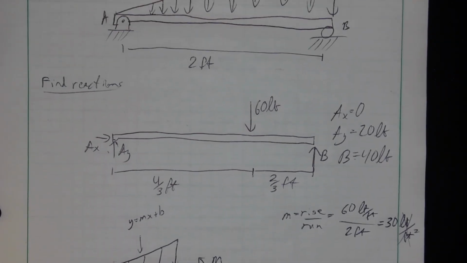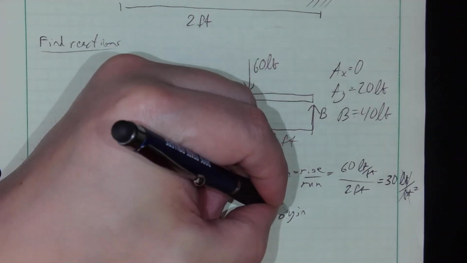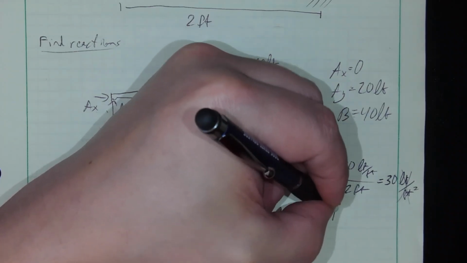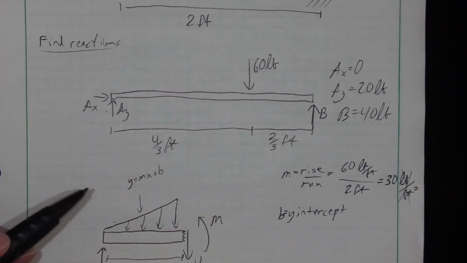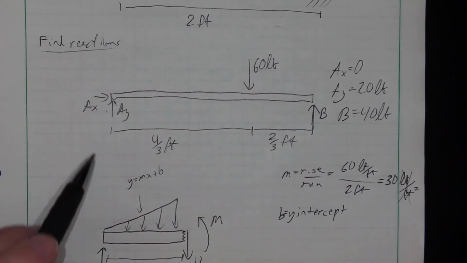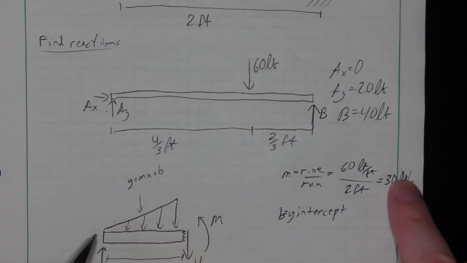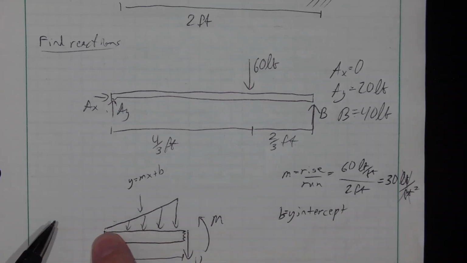B is your y-intercept. A little bit of review of algebra today. Remember, I told you guys last time, if you ever talk to a high school student, they're like, when am I ever going to use this algebra stuff? Tell them, oh, if you only knew. B is your y-intercept. If I'm saying this is my y-axis, and it's increasing as we go out here at a rate of 30, what is the intercept here?